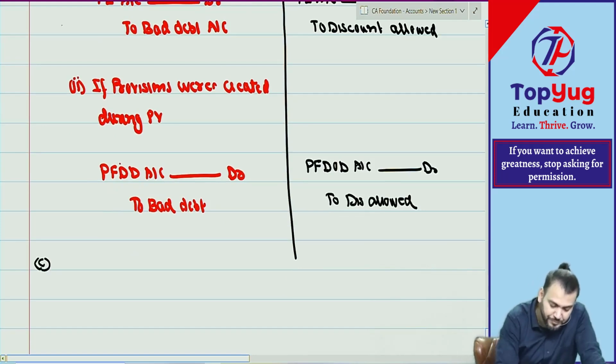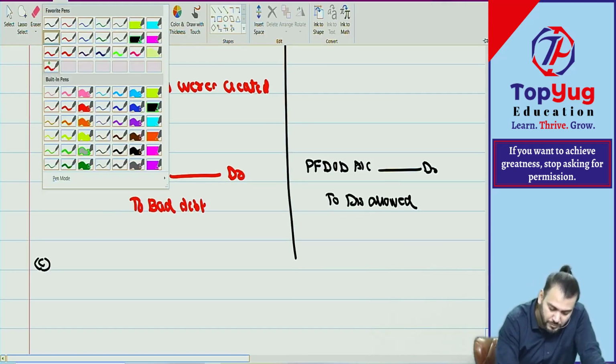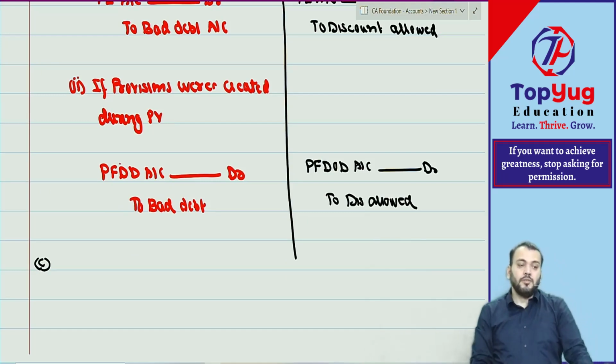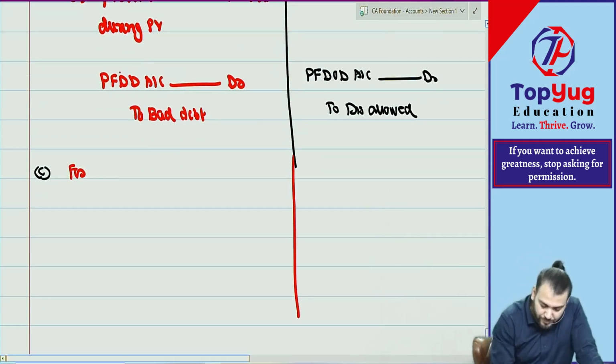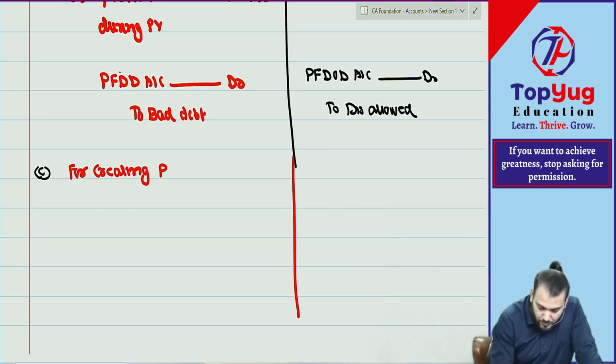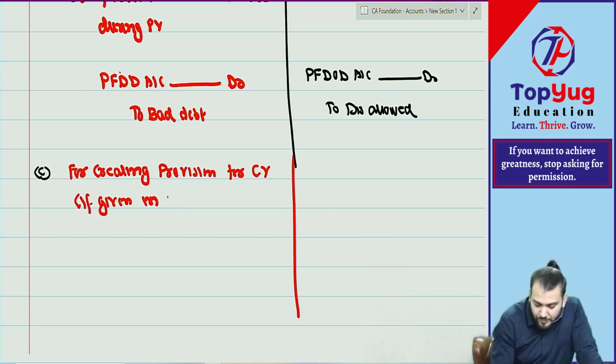Point number C. For creating provision for current year, if given in adjustment, understood?